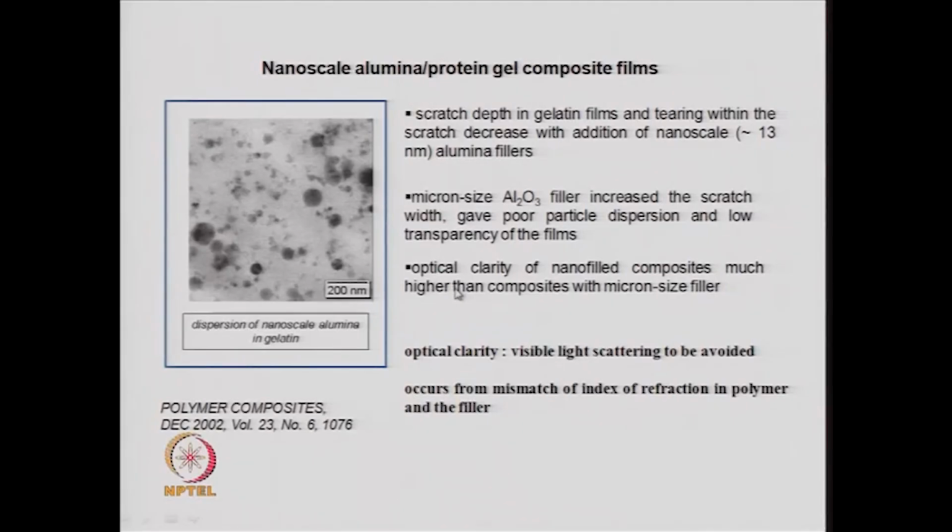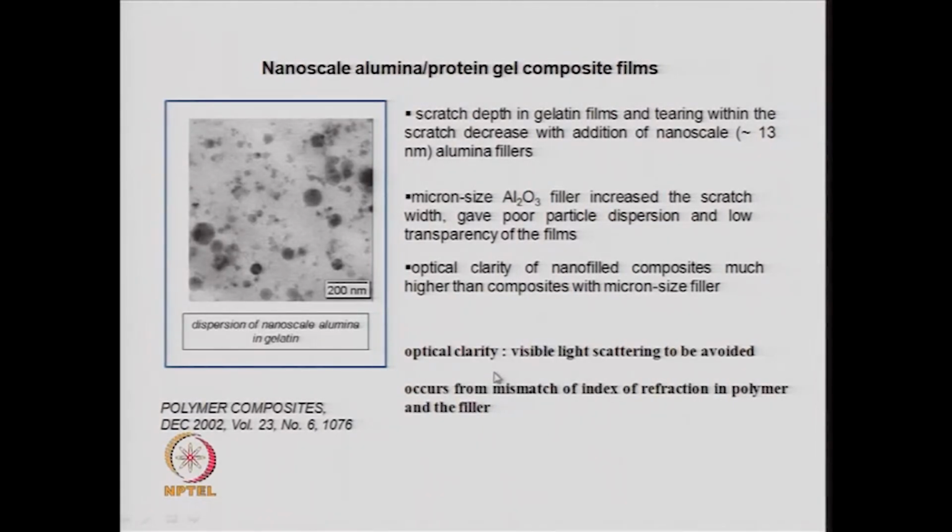So, coming to optical clarity. The optical clarity will be higher in composites which have nanoparticles filled composite films, where the visible light scattering has to be avoided.